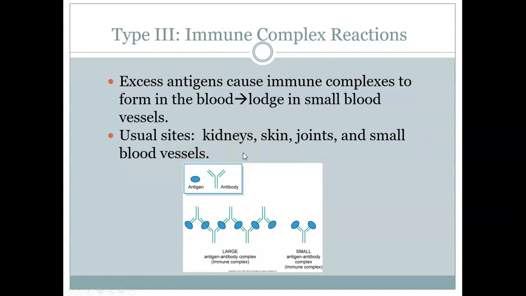When we talk about acute and chronic renal failure, we'll revisit this again. But this is one of the causes for a patient who goes into acute renal failure. And then chronic renal failure is that these large molecules get lodged in the kidneys themselves.